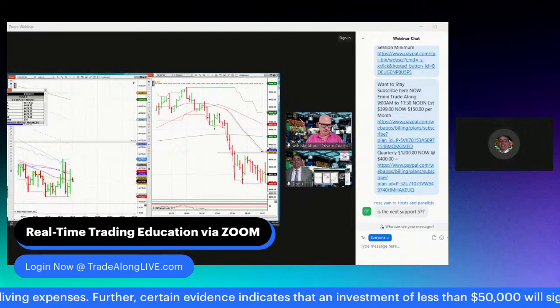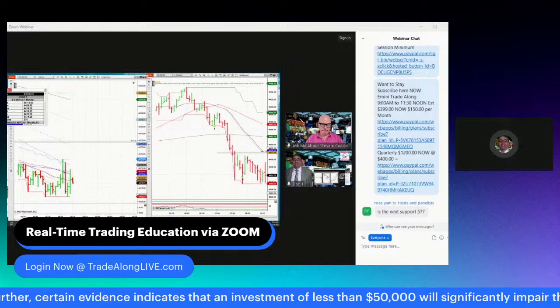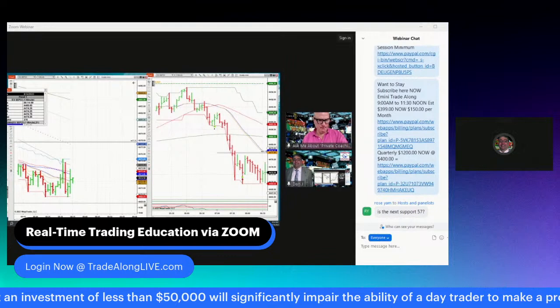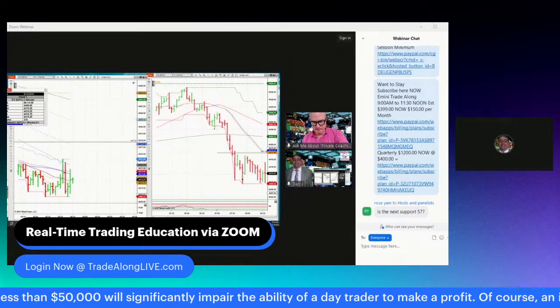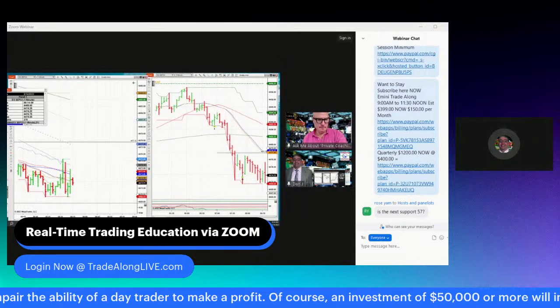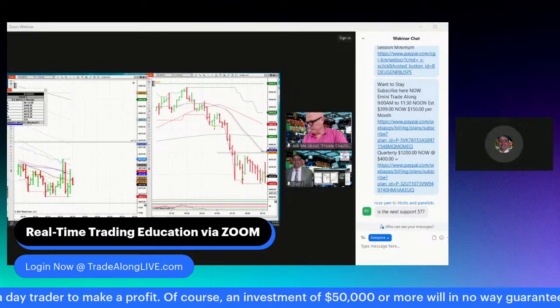We are at the next support at 57. We do have some at 63. That's kind of an intermediate support area.